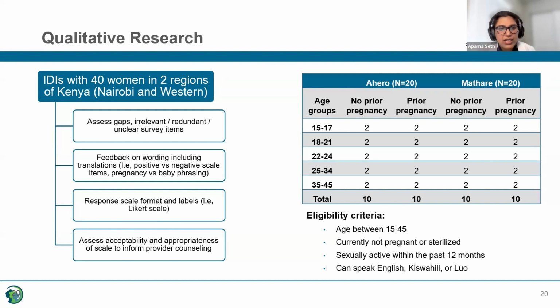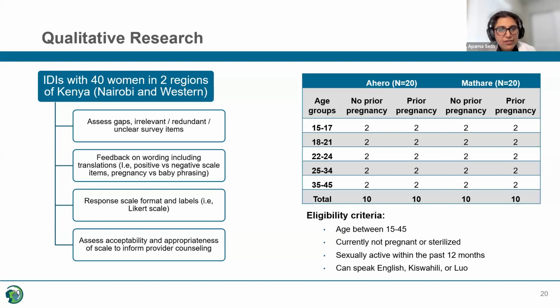The primary one is to assess any gaps, irrelevant or redundant or unclear survey items that we have in our draft right now, getting feedback on the wording, including the translations that we have. For instance, as I flagged earlier, the items that are worded positively versus negatively, items that have pregnancy versus baby phrasing.